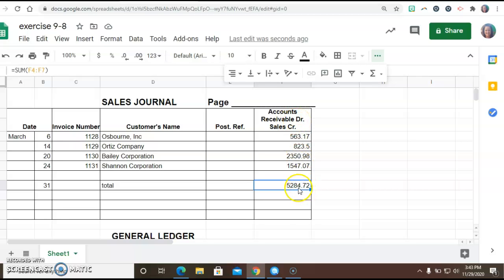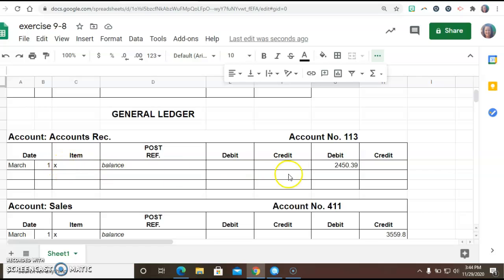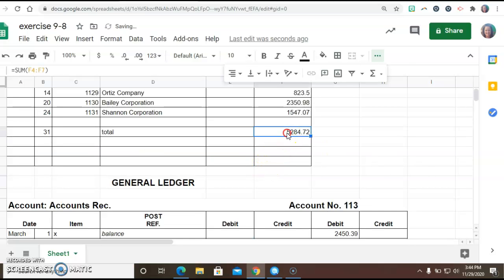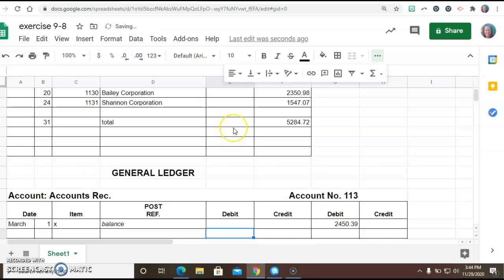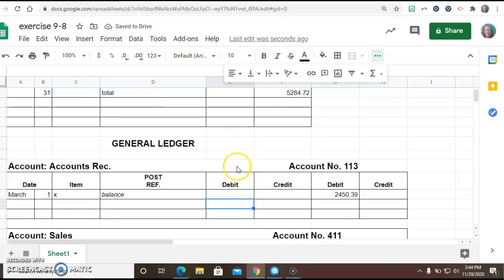So we need to just take our total again. This is going to save us some time from posting each one of these separately. You can see it's a debit here in our accounts receivable. We're going to debit. If you notice, it didn't grab the total, shoot. Oh, darn it. So my total is $5,284.72.